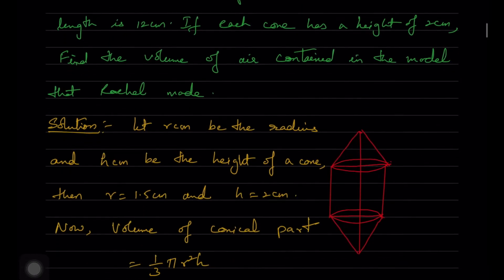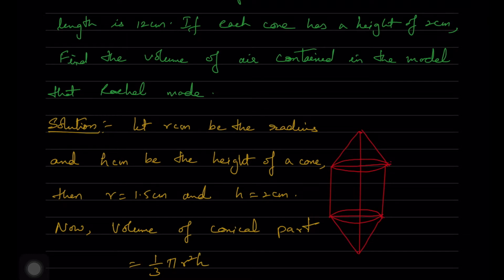So Rachel made a model using two cones. Here at the top and bottom you have two cones, in between a cylinder. So the radius of the cylinder and the radius of both the cones is the same.